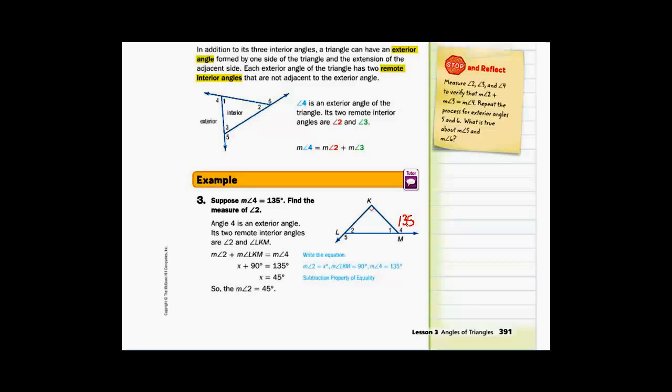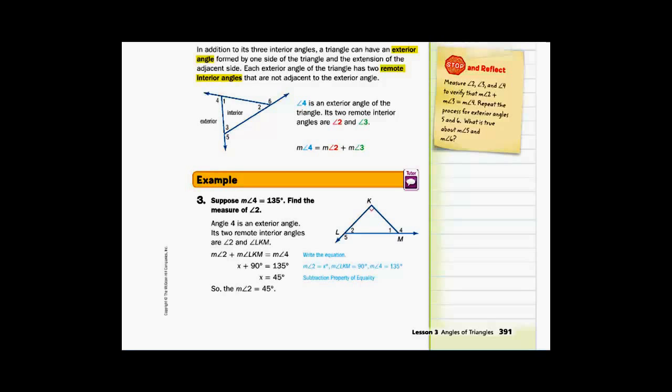You know that 135, because it's an exterior angle, is the same as the two remote interior angles put together. This little box tells you that one is 90. So if 90 of the 135 is already accounted for, you take 90 away and get what's left over, which is 45. And that's what they've got there.